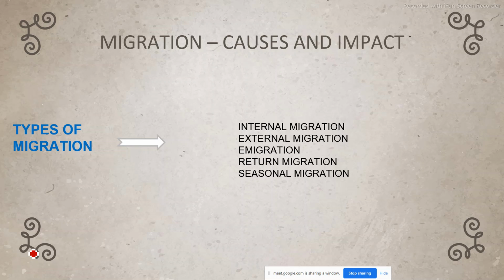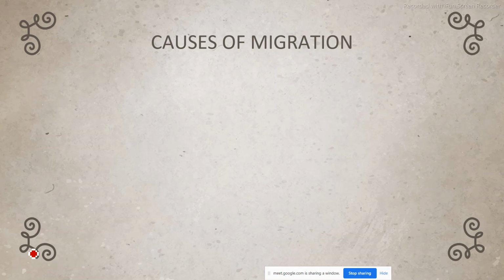Okay, now moving ahead, let's go to the next slide. What are the different causes? Causes could be that maybe there are fewer opportunities available. Maybe people want to explore new areas. That is also one possibility.